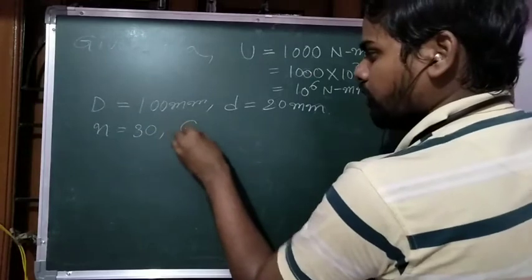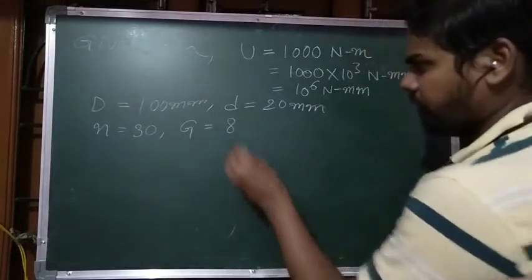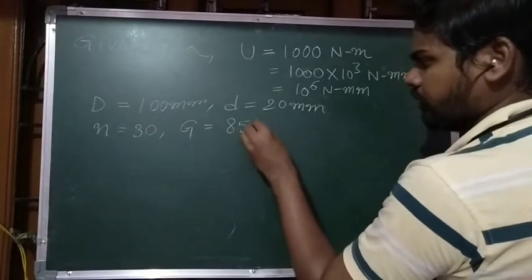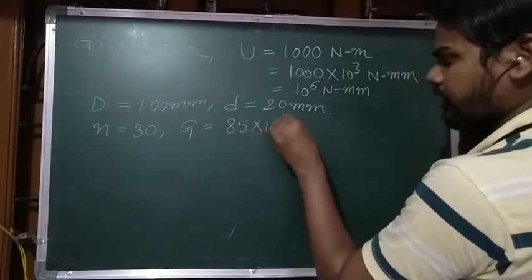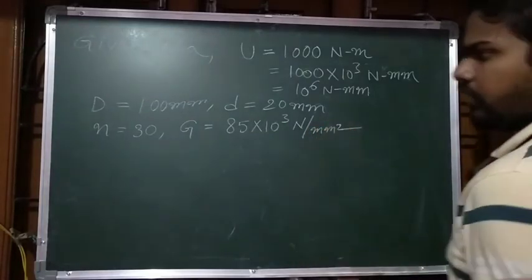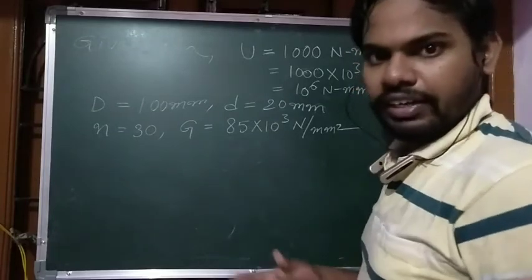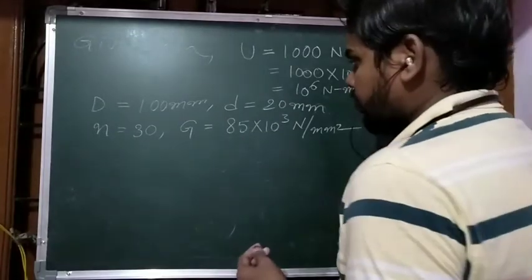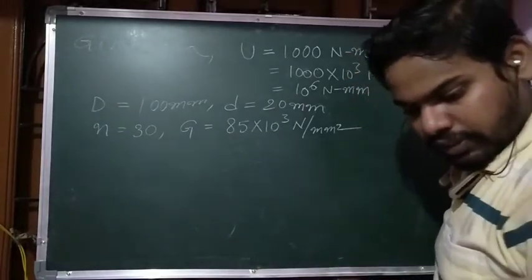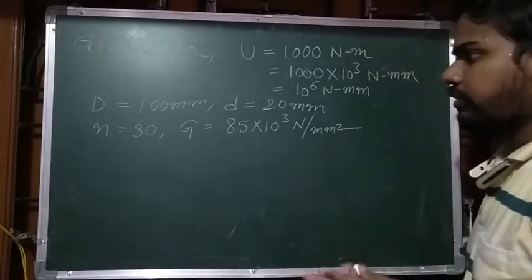And modulus of rigidity, G, is 85 kilonewton per mm square. Just convert it into Newton per mm square. I think we already solved so many problems, so you got an idea how to convert units. Any other data? No. Fine, this is the data.